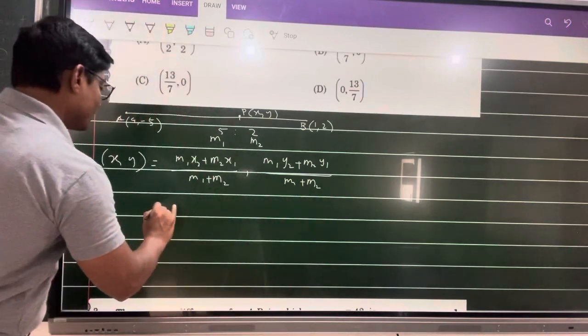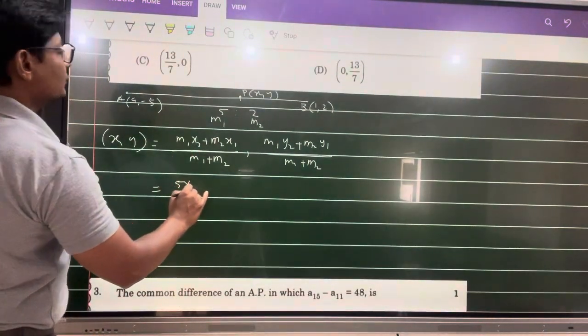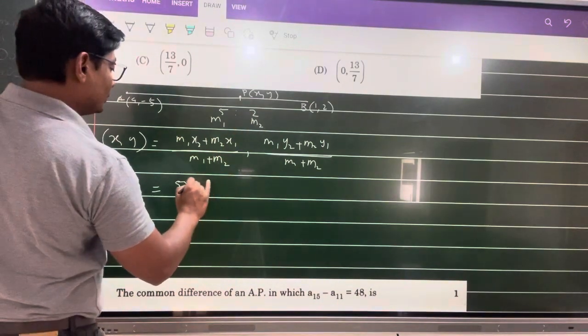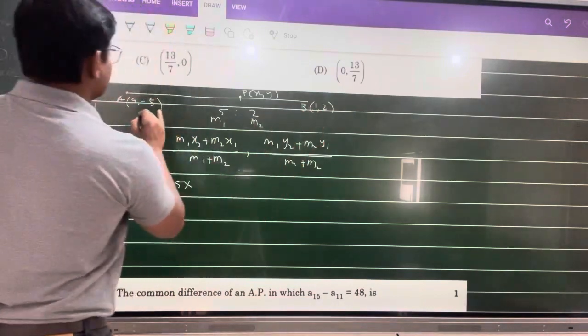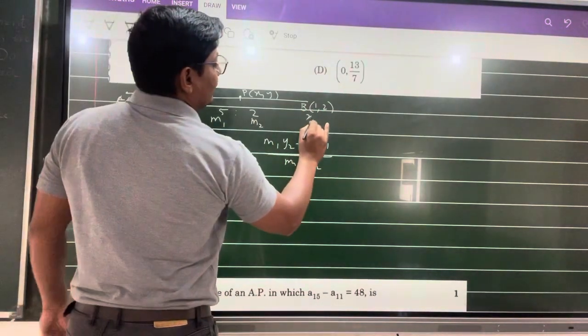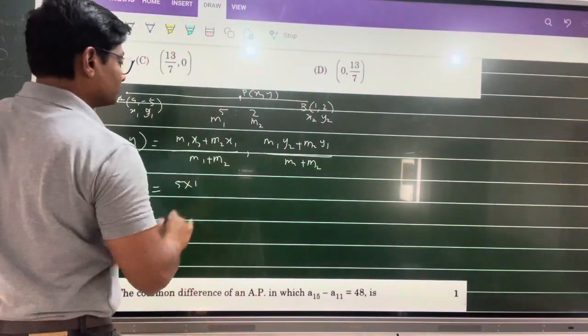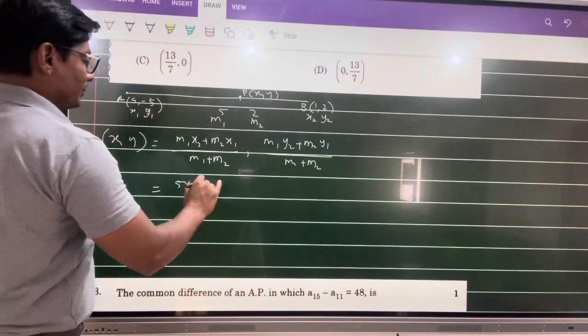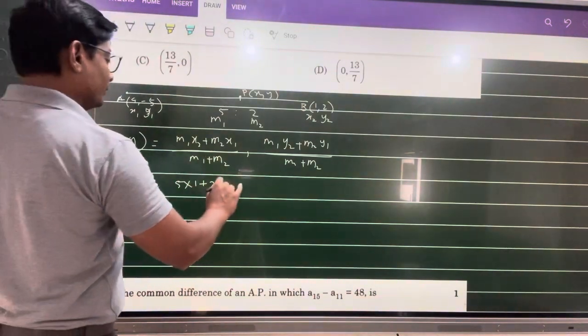Okay, now substituting the corresponding values of these parameters. So m1 is 5 and here x2 is 1. So here I'll just write x1, y1, x2 and y2. So x2 is 1, then plus m2 is 2 and x1 is 4.